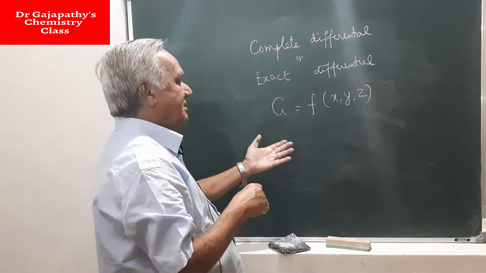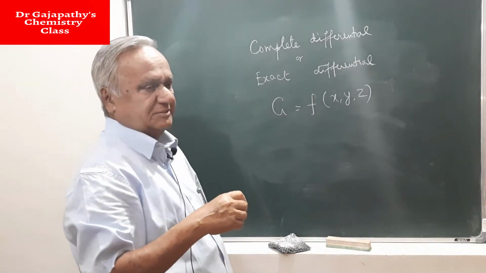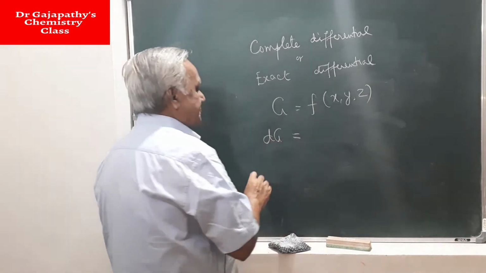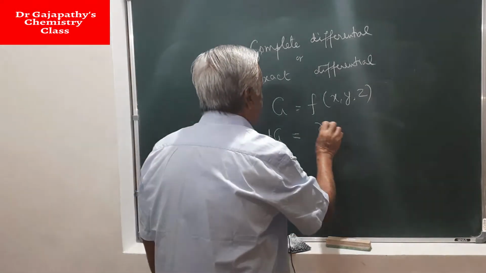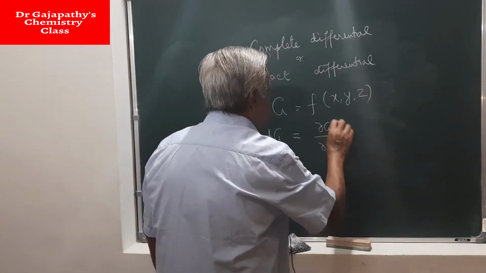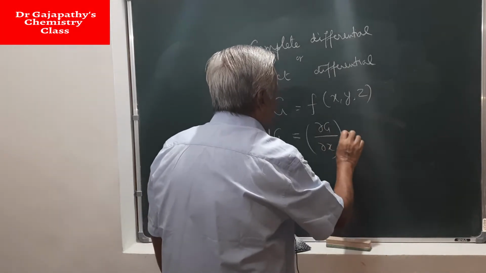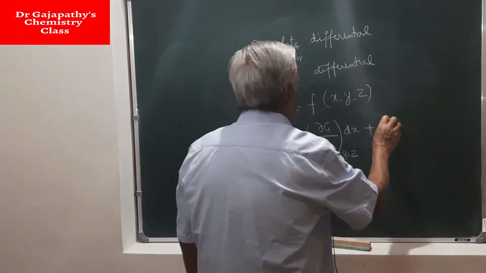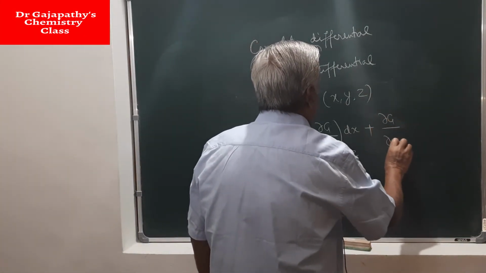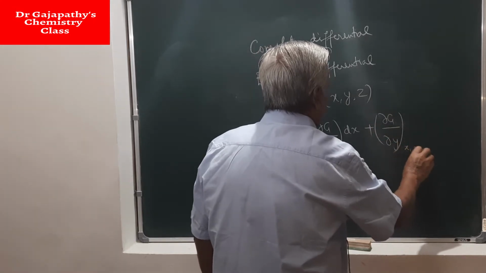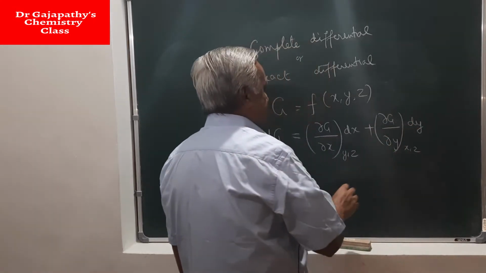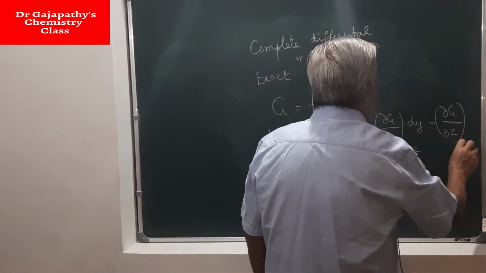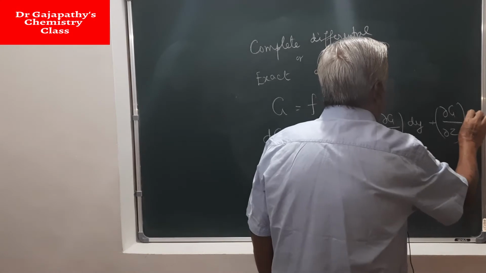G is a property which depends upon x, y, z. dG, the change in G, equals ∂G/∂x at constant y,z times dx, plus ∂G/∂y at constant x,z times dy, plus ∂G/∂z at constant x,y times dz.